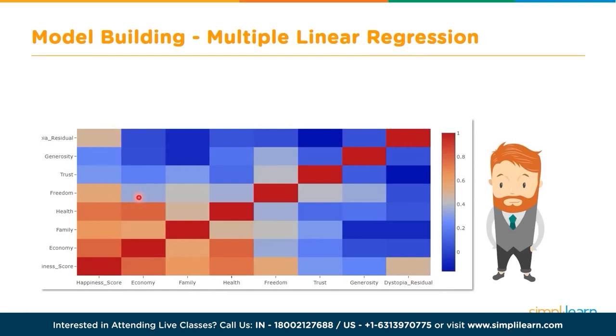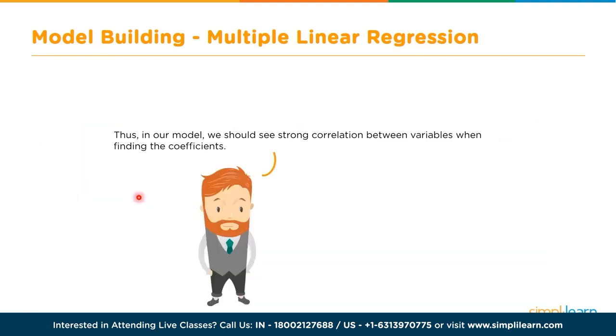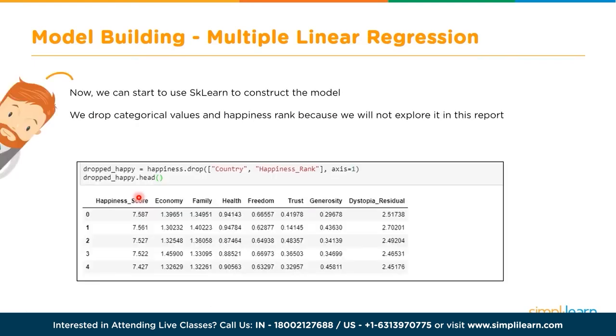Alright, so that is a correlation graph, and we can use this to find out which columns need to be dropped, which do not have very high correlation, and we take only those columns that we will need. So this is the code for dropping some of the columns.